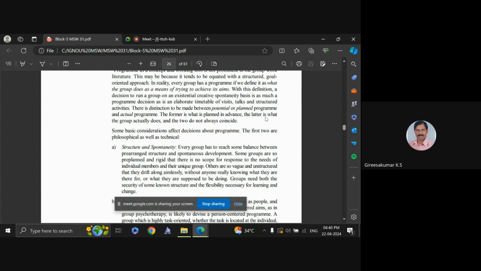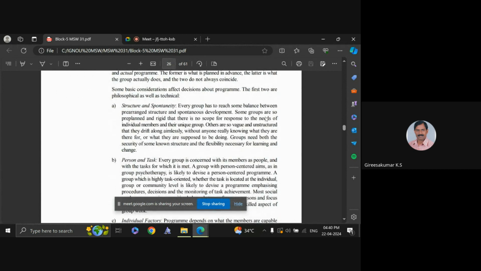So structure and spontaneity must be there. Also, person and task. Person and task means every group is concerned with the members as people.